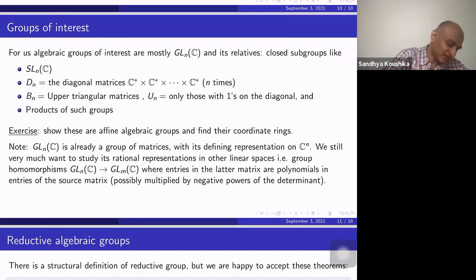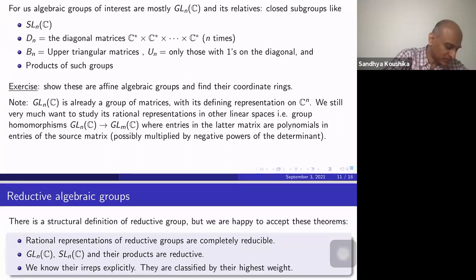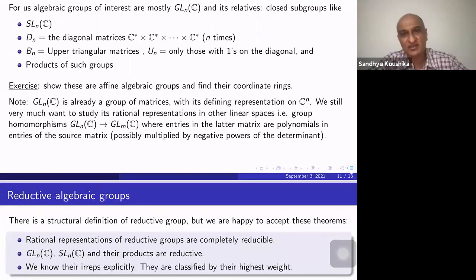But what we really care about is that for these groups, I'm in the desired situation that I had sketched earlier. You can even just take this as a definition of reductive algebraic groups over the complex numbers.